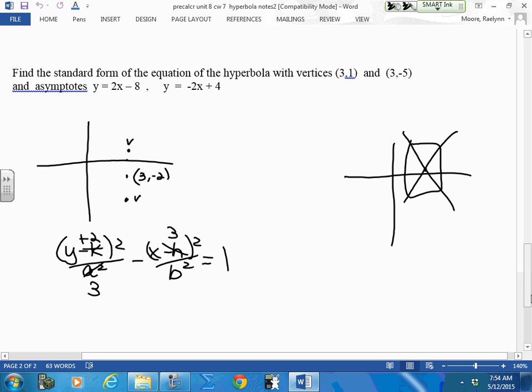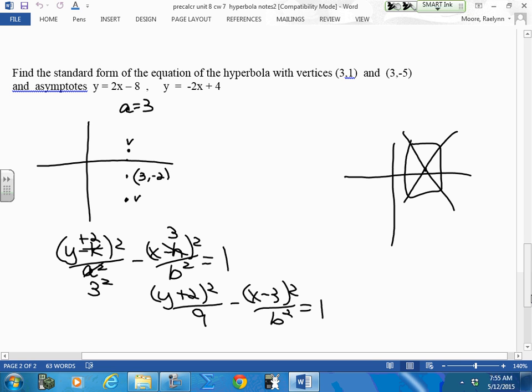This is going to be 3 squared, so we know a. Right, so far we have this. Okay, so we've got to find b. Somewhere along the line we have to find b.